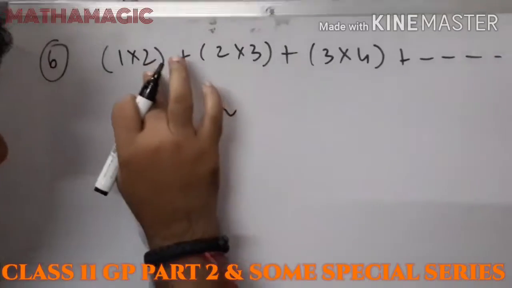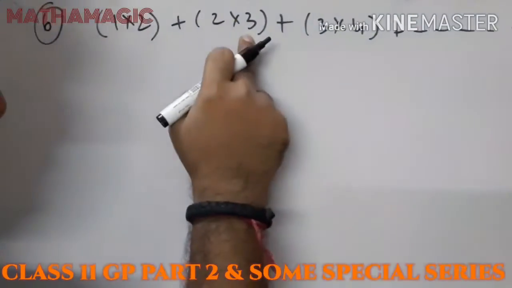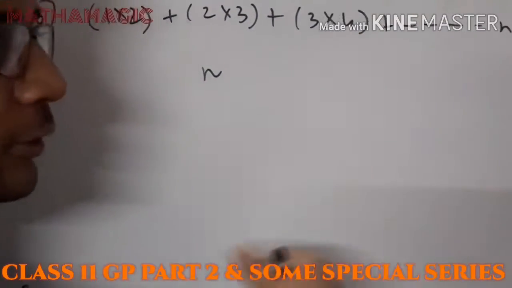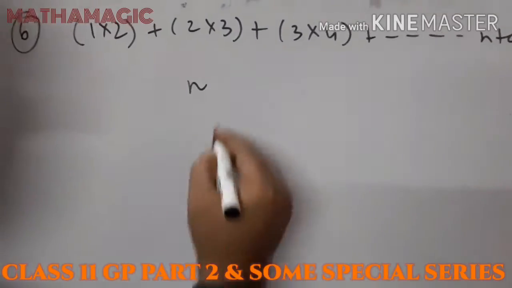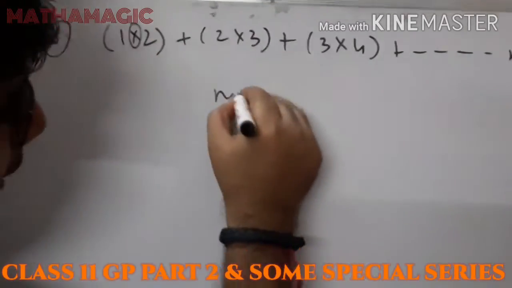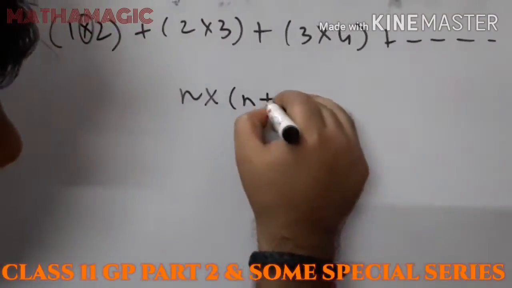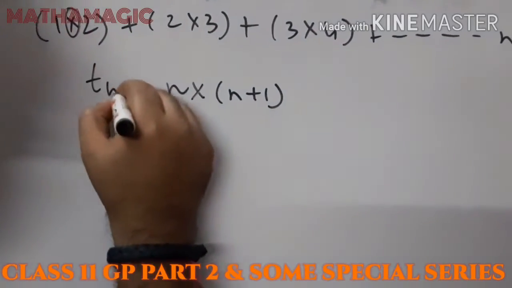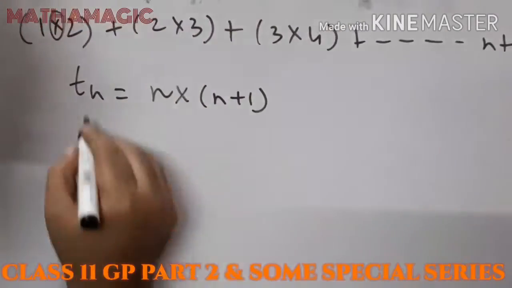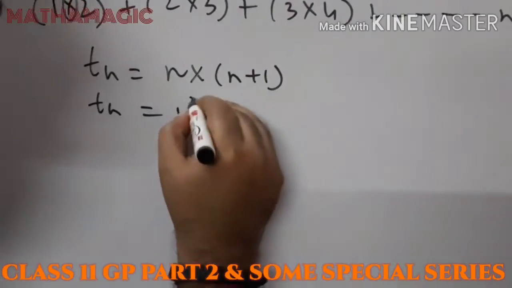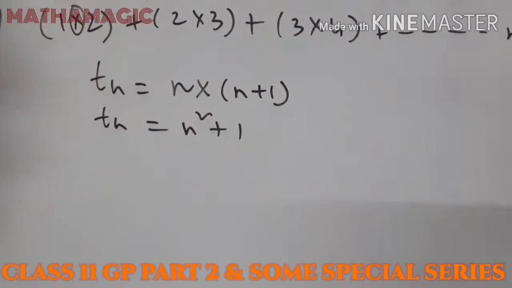The first term is 2, second term is 3, third term is 4, so the nth term will be n plus 1. Since we have multiplication here, we put multiplication between them. So from this series we get Tn equals n into n plus 1.